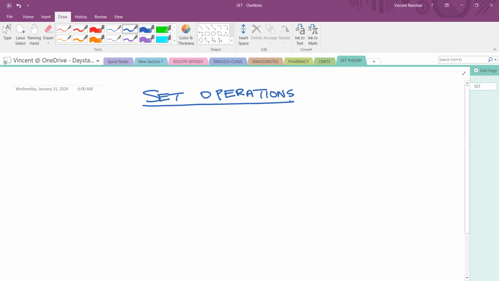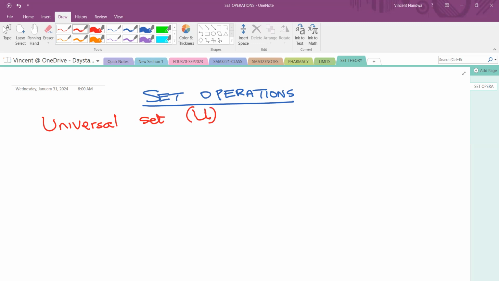To start us off, we will define a universal set. A universal set is usually denoted by U with a small tail to differentiate it from another operation we call union of sets.